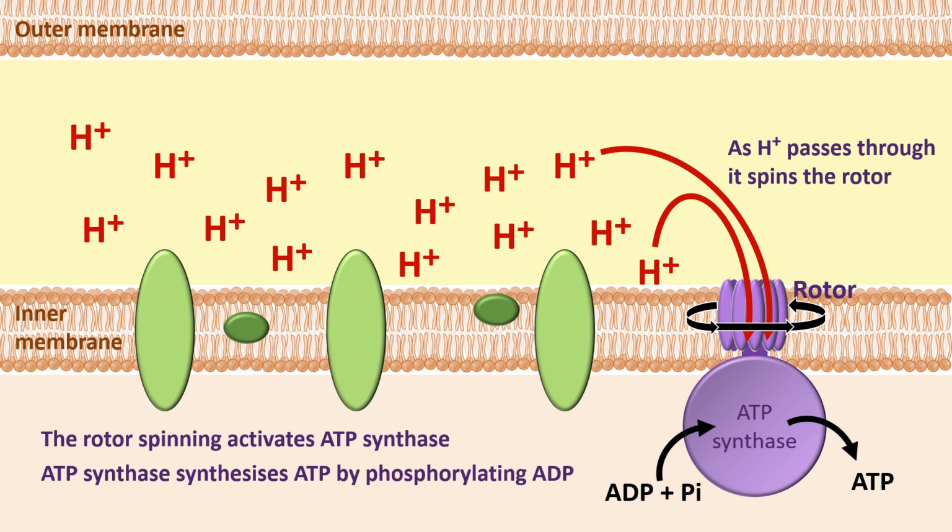ATP synthase does its job. It synthesizes ATP. So in other words, it takes ADP, adenosine diphosphate, 2 phosphates, and a spare phosphate. Remember I said there's loads of them floating around. And it combines those together to make ATP. So it phosphorylates ADP. It adds a phosphate to ADP, which is going to give us ATP.